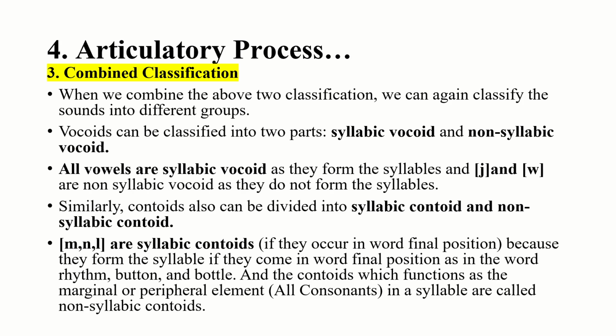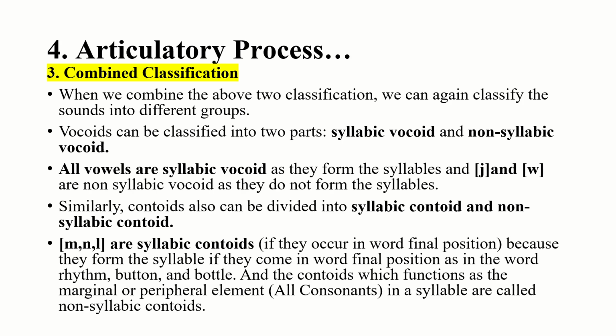They are syllabic vocoid because they make the syllable. And non-syllabic vocoid, ya, wa. They are vocoid but non-syllabic. All vowels are syllabic as well as vocoid, so they are syllabic vocoid. And ya, wa, they are vocoid but not syllabic. So they are non-syllabic vocoid.